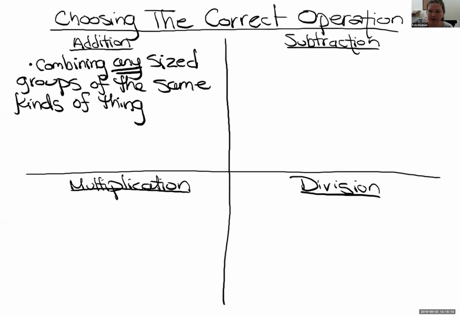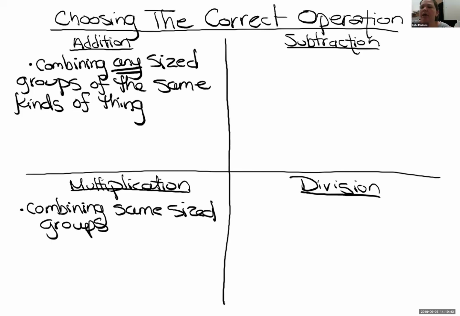We can still combine groups, but there's a shortcut, faster way to combine groups, right? I can say, if every student in the class has 5 candies and there's 10 students in the class, you know, I'd still be combining groups in that case, but I'd be combining same-sized groups. So let's come down here to multiplication and write combining same-sized groups.